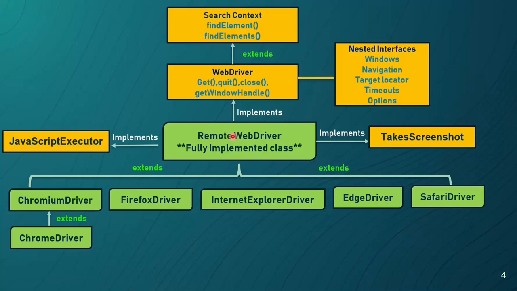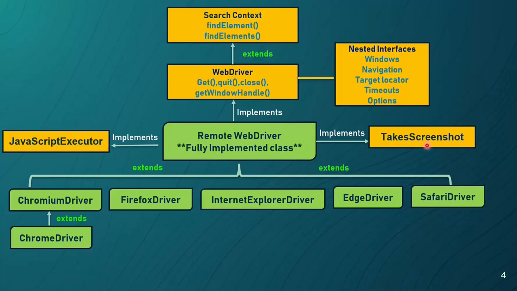As I said, your core Java knowledge will be required here to understand this hierarchy. That is why we need knowledge of inheritance and interfaces from core Java. So the remote WebDriver contains the methods of the search context and the WebDriver. In addition, it also implements JavaScript executor and take screenshot.